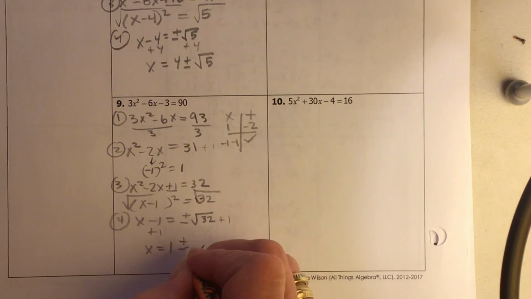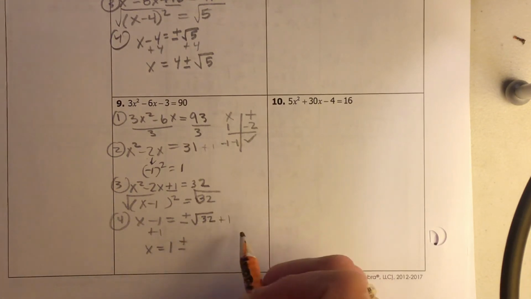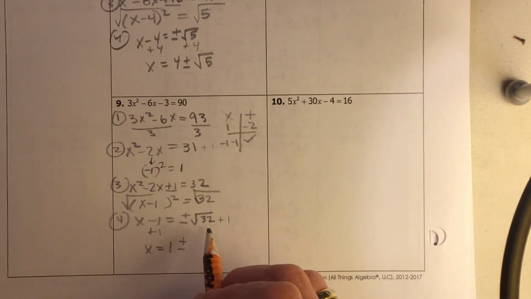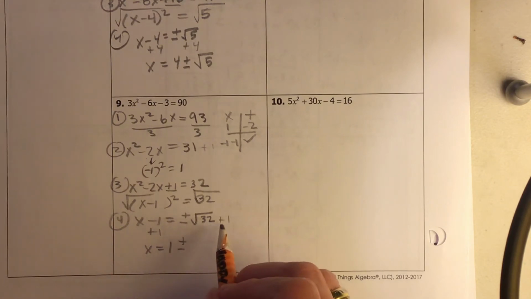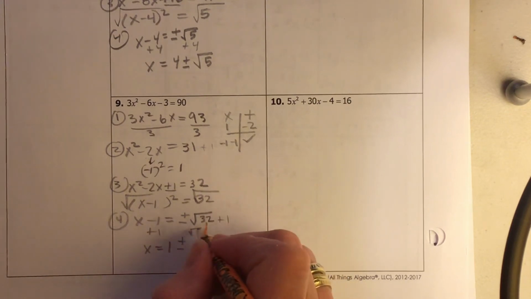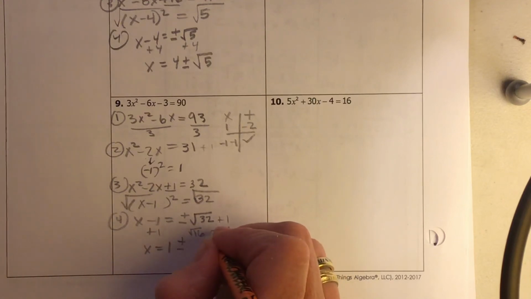Oh, this is kind of interesting. Here's the deal. If I look at 32, I can break 32 apart, and I'm looking for a factor that might be a square. I could factor it into 16 times 2.